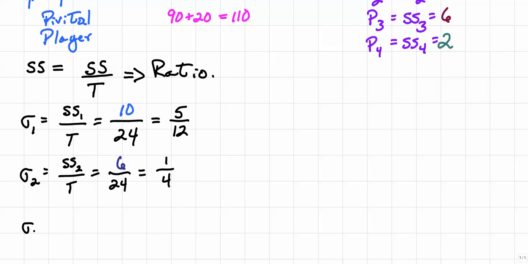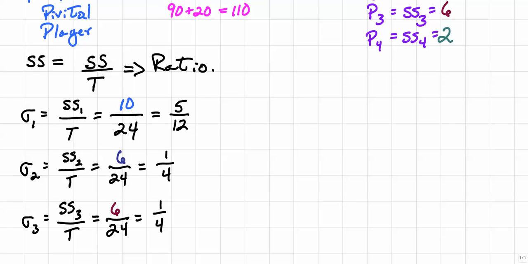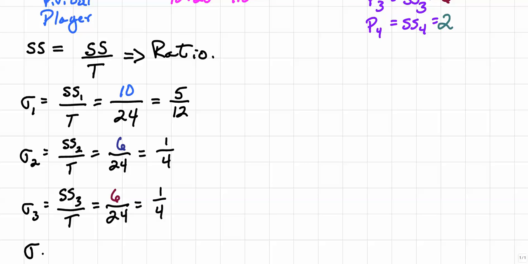Sigma sub 3 will be equal to SS sub 3 over T, and that will be equal to 6 over 24 also, which will reduce to 1/4. And then finally, for sigma sub 4, that's going to be equal to SS sub 4 over T, which will be equal to 2 over 24, which is equal to 1/12.